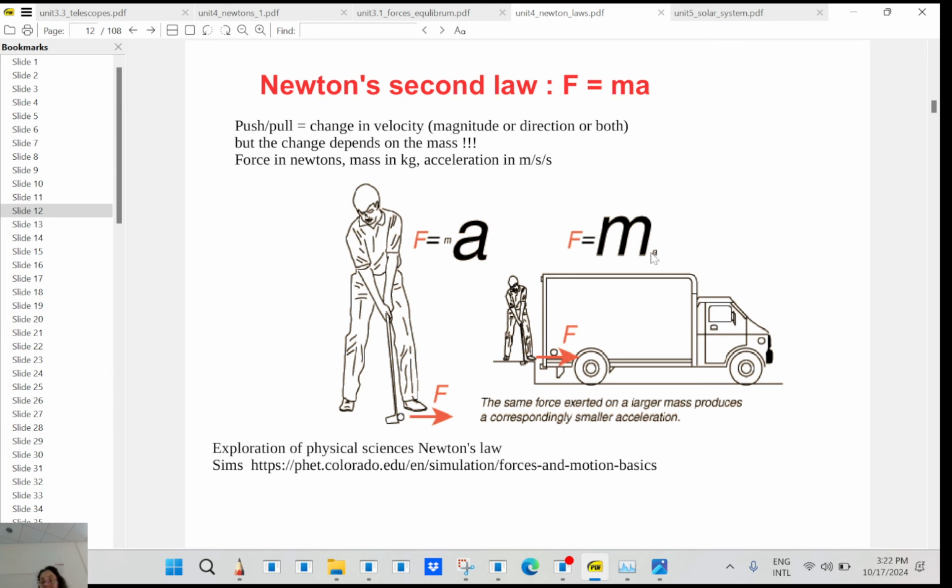Okay, so what does that mean? It means that the acceleration is inversely proportional to the mass. Twice the mass, half the acceleration. 3 times the mass, acceleration is divided by 3. 10 times the mass, divided by 10. Okay? That's not too hard to understand.